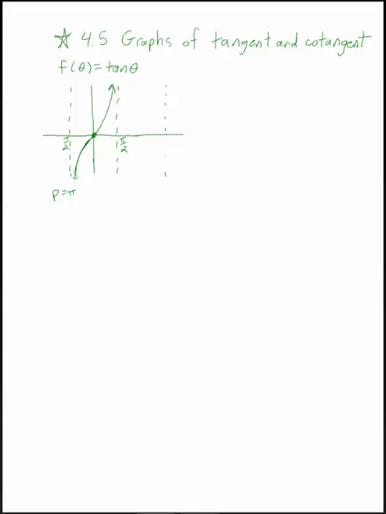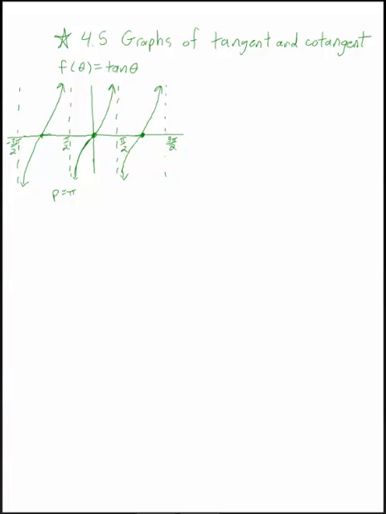Since that space is pi, this next asymptote would be at 3 pi over 2. The 0 would be right there at pi, right in the middle, and then I could draw in another cycle of the tan graph. And I could keep that going on the negative side as well. It would be at negative 3 pi over 2, that asymptote.